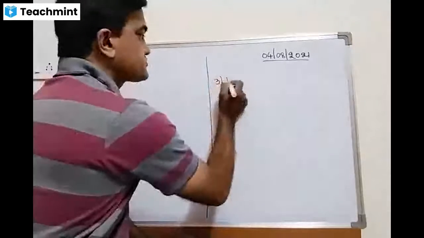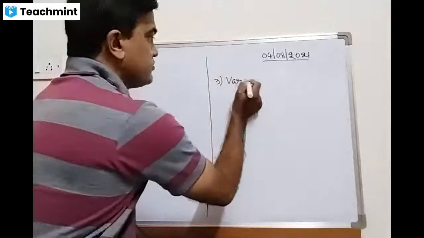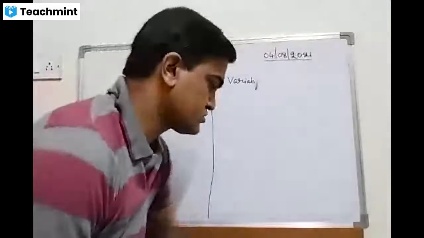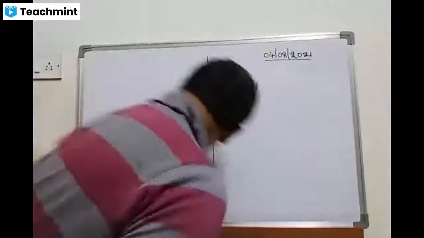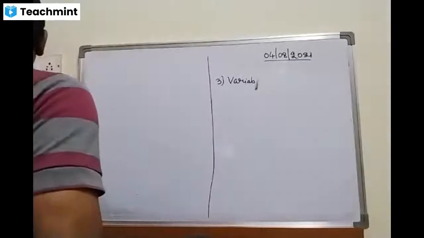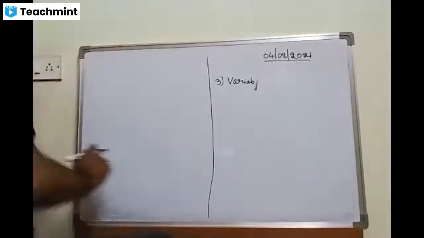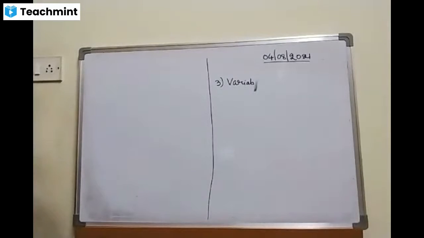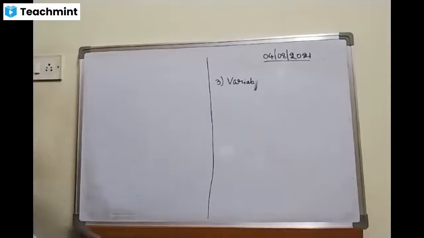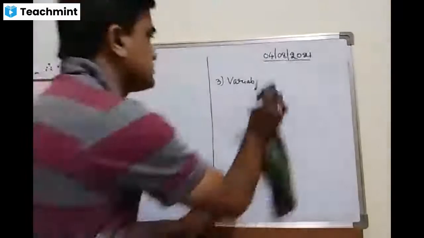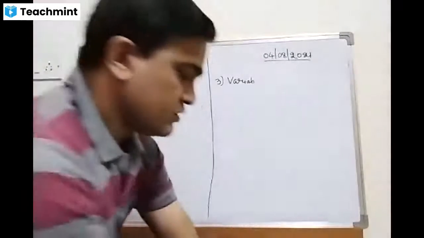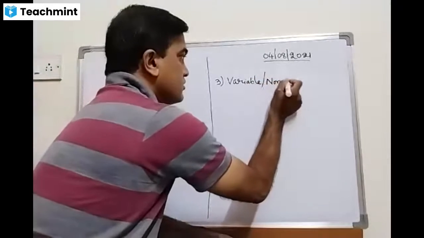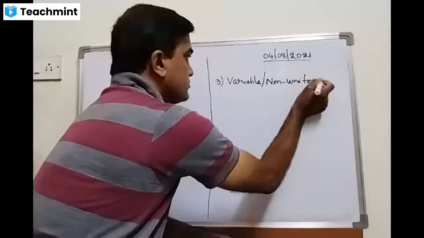Third one is variable or non-uniform velocity.